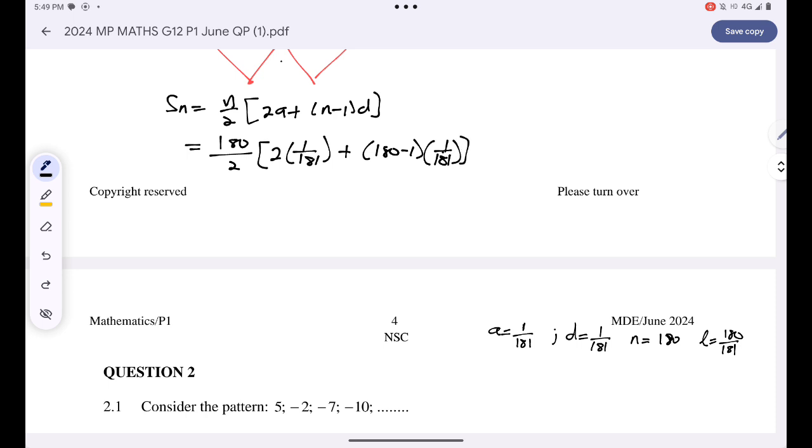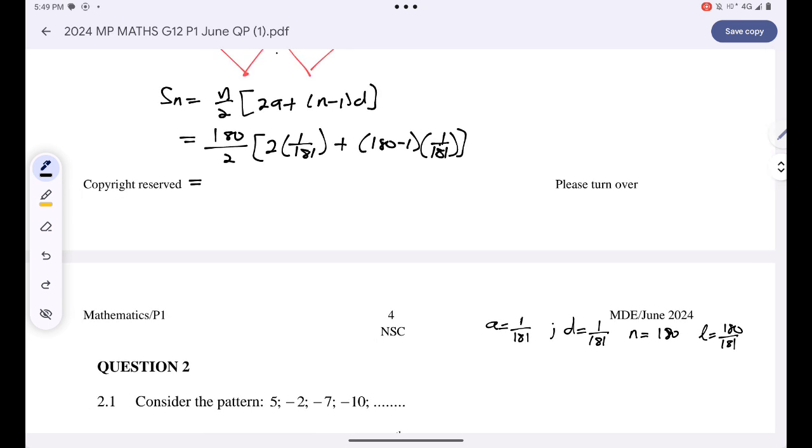Then if I punch my calculator, this should give me my answer. 180 divided by 2, open brackets, multiplied by 2 times 1 divided by 181 plus 180 multiplied by 1 over 181. What does this give me?